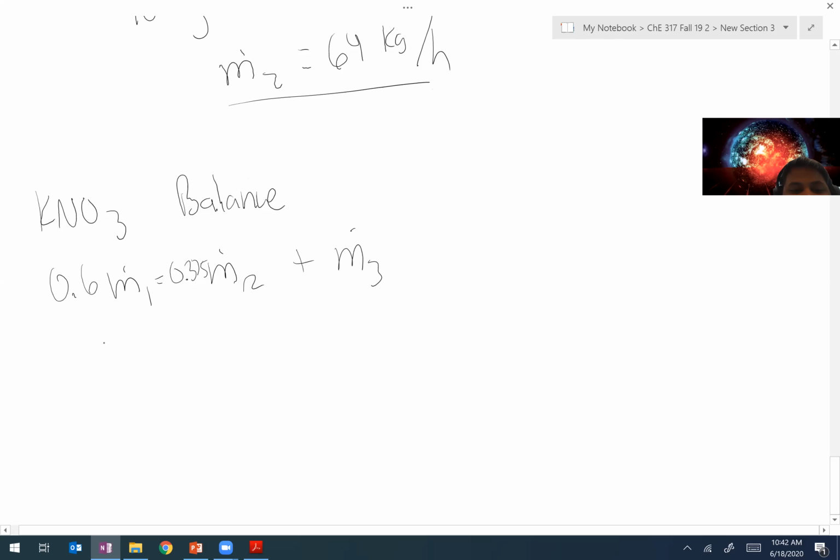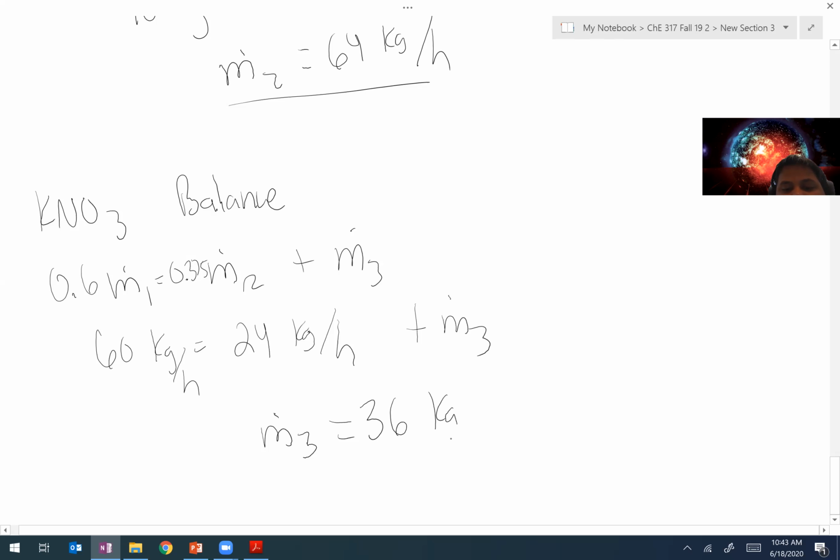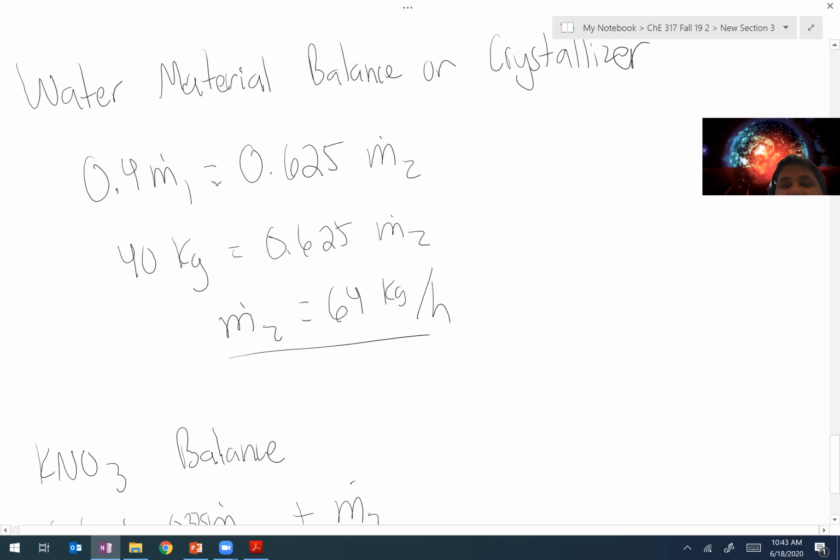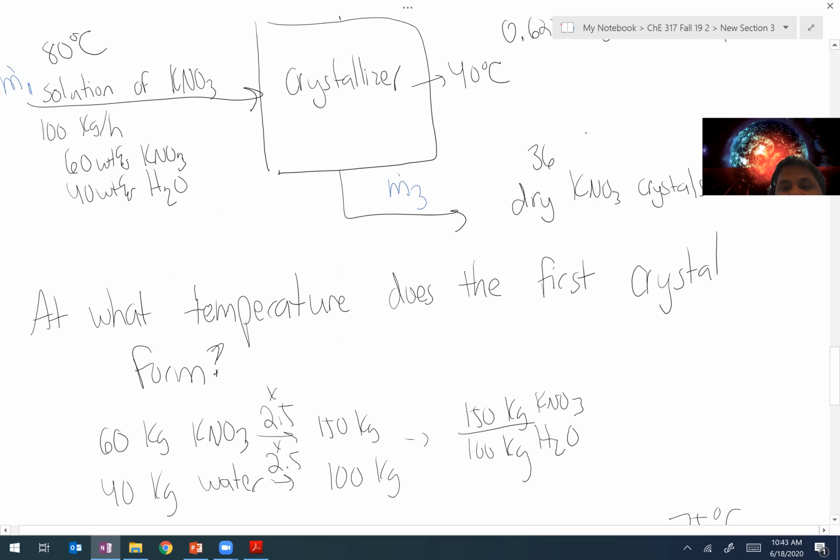So if I have 60 kilograms per hour here, 24 kilograms per hour here, that tells us how much M3 is, which is just 60 kilograms per hour minus 24 kilograms per hour, which is 36 kilograms per hour. So in this process, I'm producing 36 kilograms per hour of dry potassium nitrate crystals.